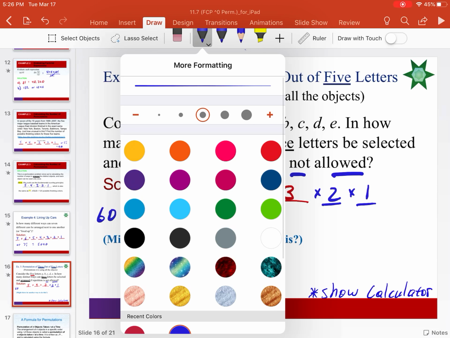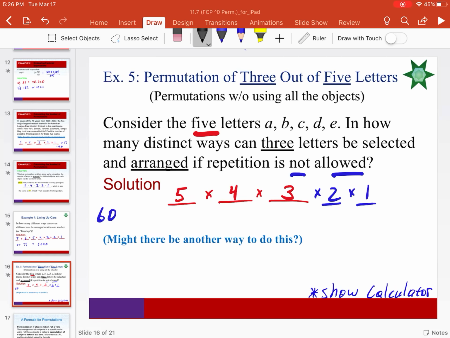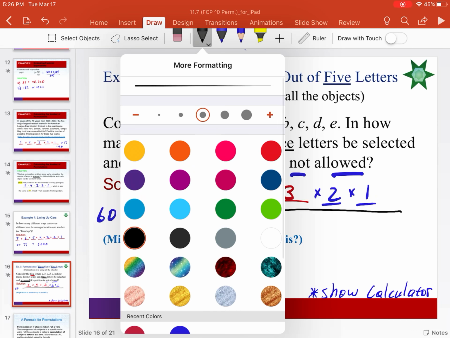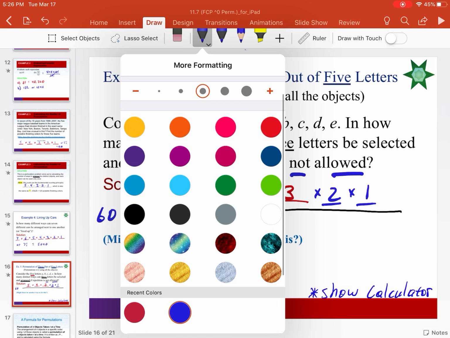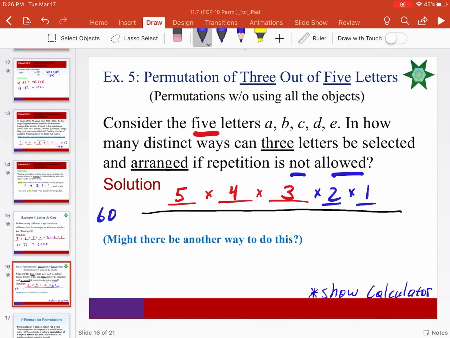But wait, what if I divided by the same thing that I just multiplied by? In other words, what if I just divided by 2 times 1? Wouldn't that work? When I multiply and divide by the same thing, don't they cancel out? Well, yeah, this would work.